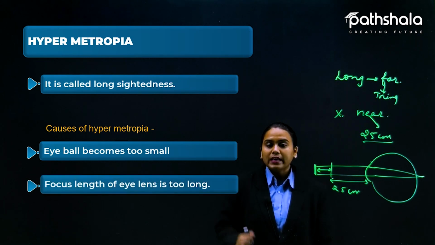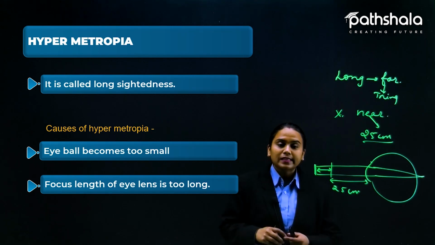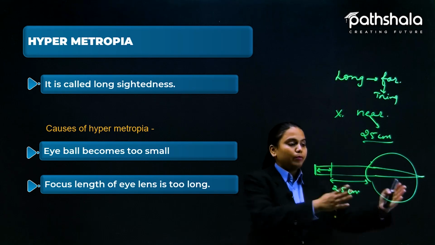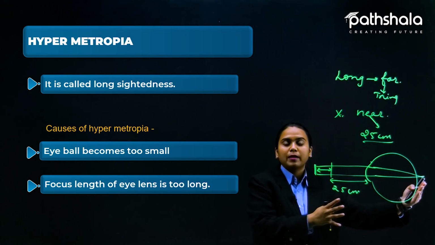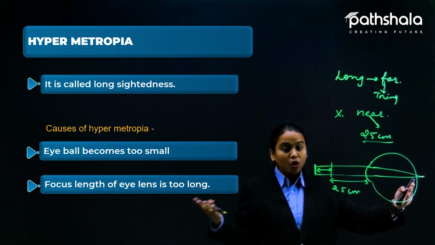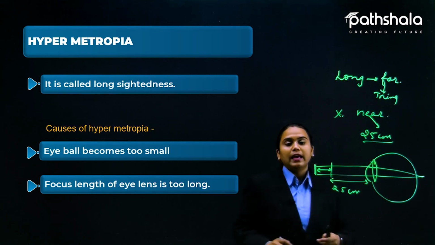The next cause is that the focal length of the eye lens is too long. And why does it happen? When the eyeball contracts itself, the size of the eyeball is reduced, so the focus will be after the retina. Or the lens is going to be thin like this.